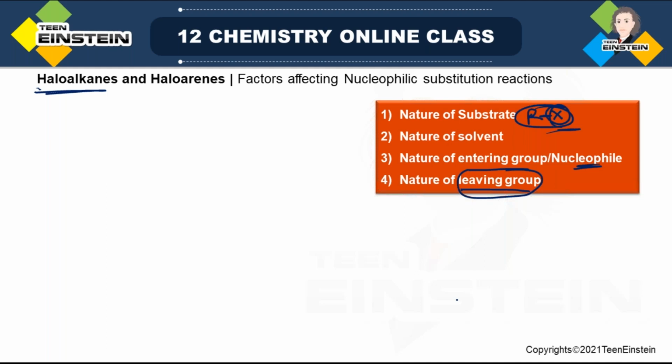So don't think that whenever you do not have any halogen as leaving group, it will not be SN1, SN2. No, it is not that. We are discussing it under the haloalkane chapter, so that is why we are focusing on RX. But there may be any other type of good leaving group also. Then also SN1, SN2 is possible. So if you consider it in a broader sense, obviously if you say leaving group rather than X halogen, it is better.